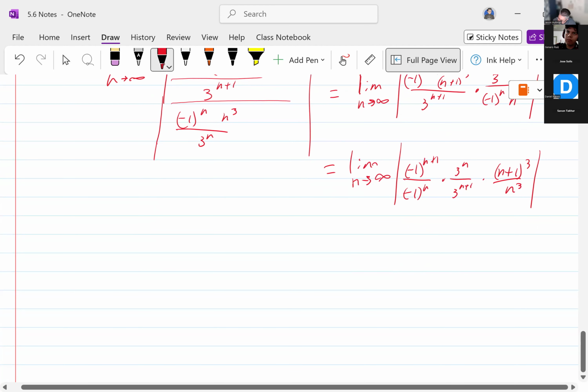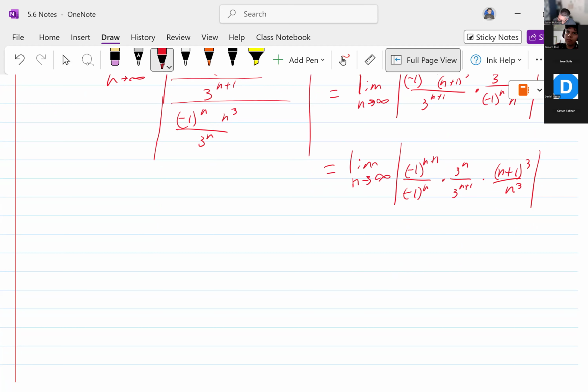If I have negative 1 to the n plus 1 divided by negative 1 to the n, the exponent goes n plus 1 minus n. So this is equal to the limit as n goes to infinity of negative 1 to the n plus 1 minus n. So those cancel out.